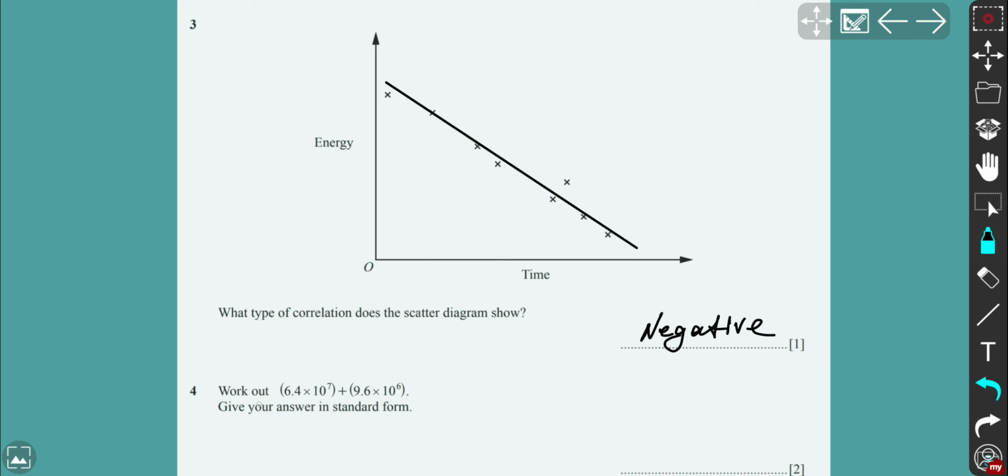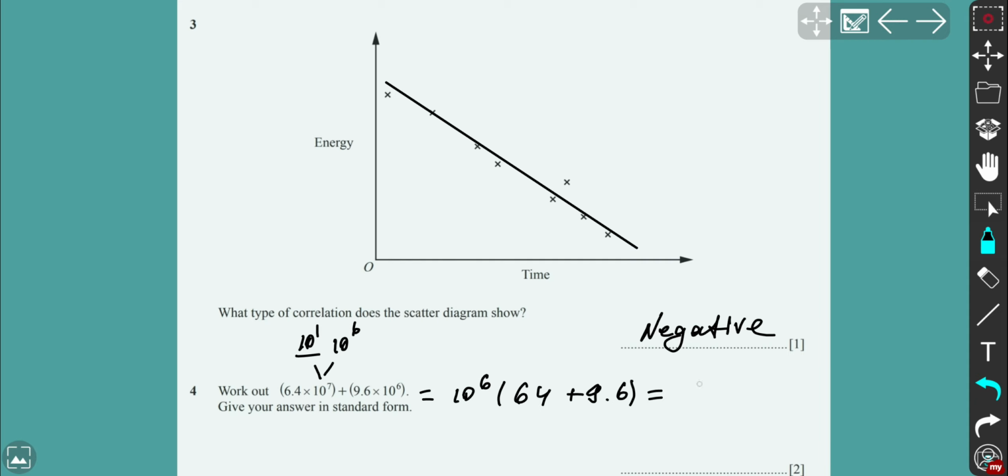Okay. Work out, give your answer in standard form. You can use a calculator, but I'm not going to do that. I can factorize 10 to the power 6, so I represent it simply as 10 to the 6, and 10 to the power 1, that's 10 to the power 7. What I have right now is 64, because 6.4 times 10 gives 64, and on top of that I add 9.6.